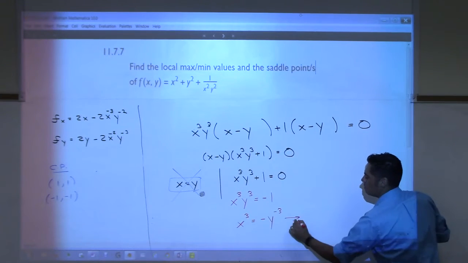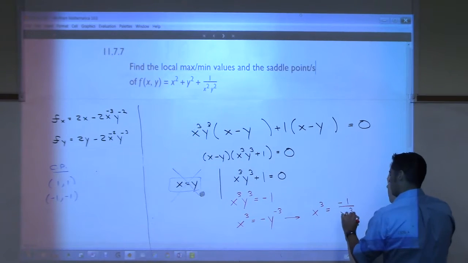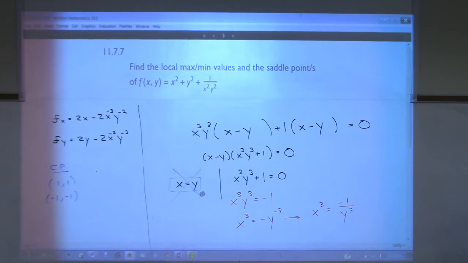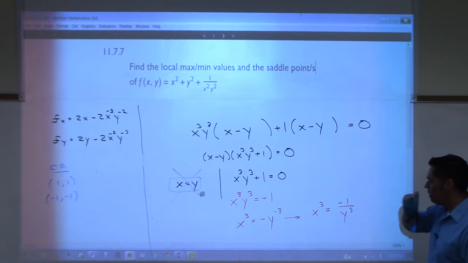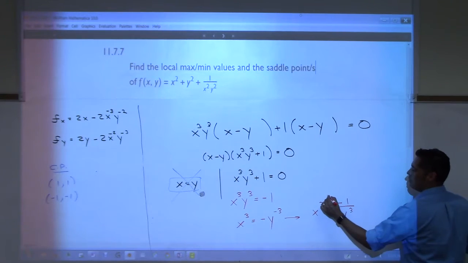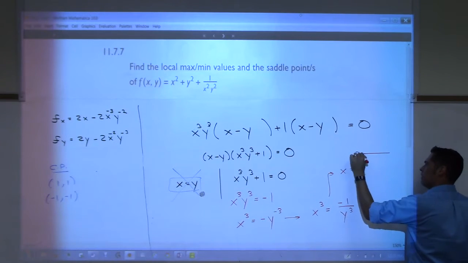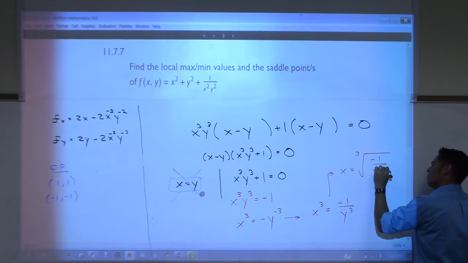If you don't like that, then x cubed is equal to negative 1 over y cubed, right? You could say that also. Do we agree with that? Okay, so that means I can go and I can replace my x with, do you want to take the cube root now? I'll take the cube root. Let's take the cube root. X would be the cube root of negative 1 over y cubed, which would be?